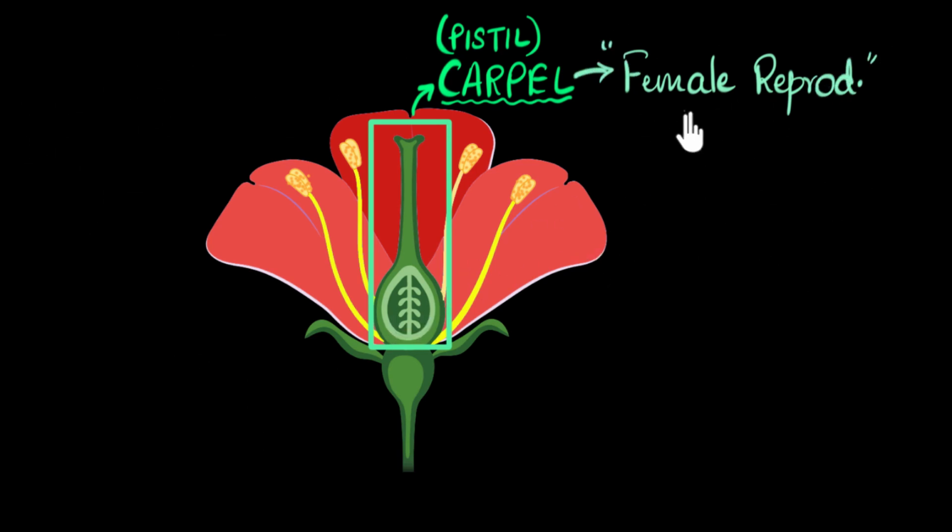Because it is the carpel that is responsible for the production of egg cells. Carpels make egg cells somewhere over here. And so just like how in animals, the female reproductive part makes the egg cells, any reproductive part which makes the egg cells is often called the female reproductive part.